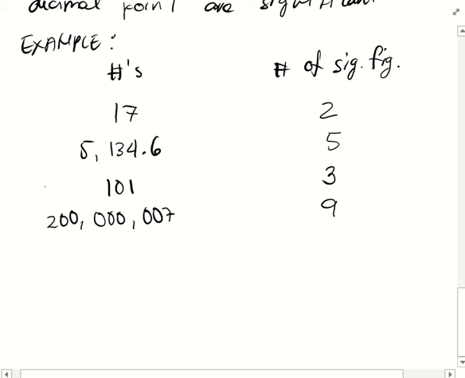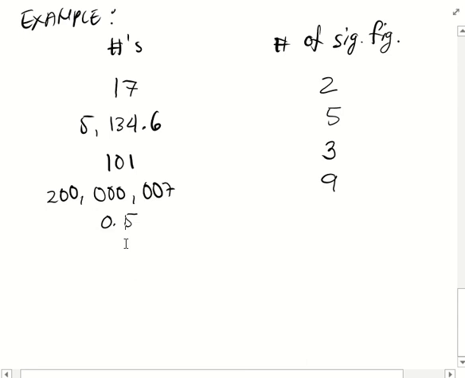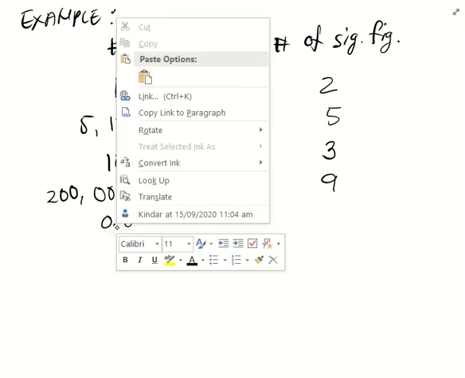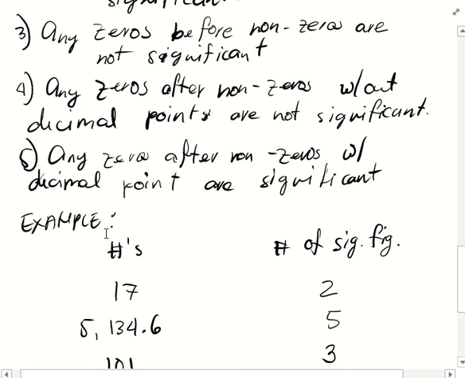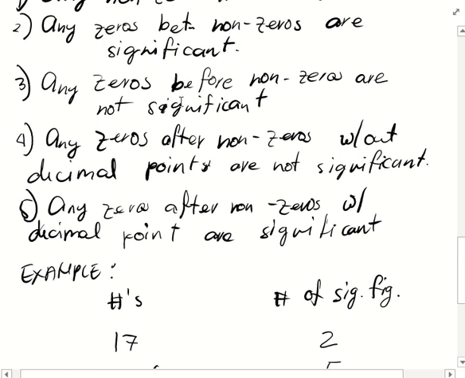Next, how about 0.5? How many significant figures are there? We have here a decimal point. So 5 is considered a significant figure because it's non-zero. How about the 0 before that? Rule number 3 says that any zeros before non-zeros are considered not significant.